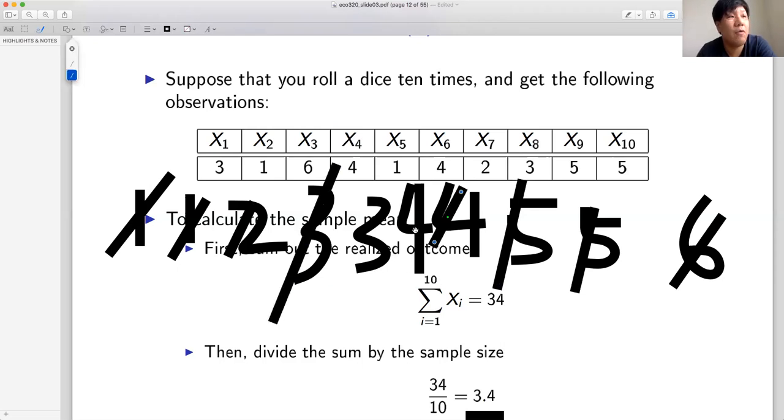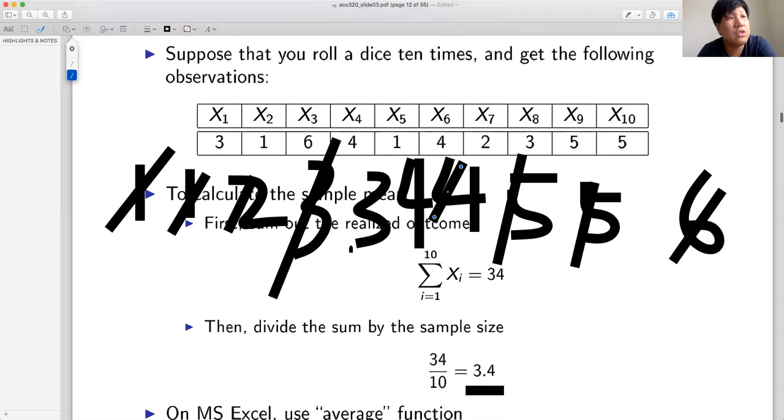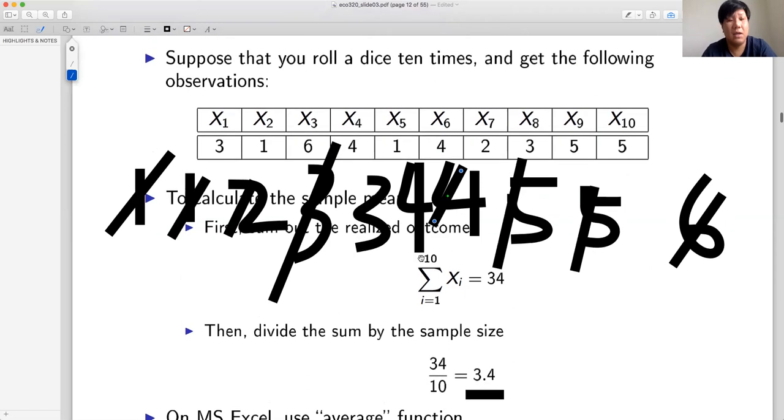Lastly, you have 3 and 4 because you have 2 left. Let's imagine you have only 1 left, then that is your median. But if you have 2 numbers, you just add these numbers and divide by 2. So 3 plus 4 divided by 2 equals what? 3.5. So that is your median. This is how you calculate the median. That is something you probably know from high school.